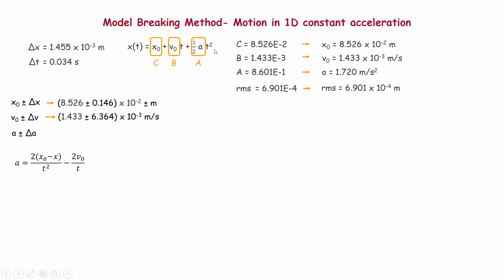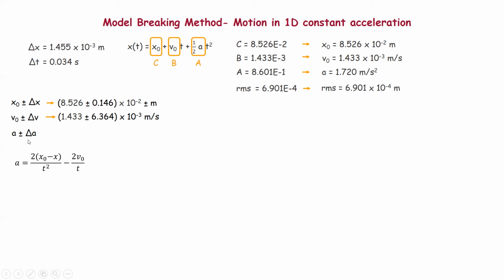Since we have an equation for acceleration now, if you have an equation for a quantity, you can calculate the error in that quantity in terms of the errors of the variables that give this quantity.